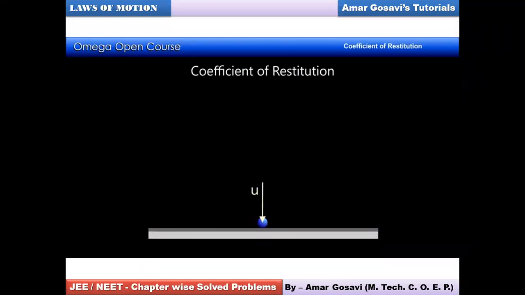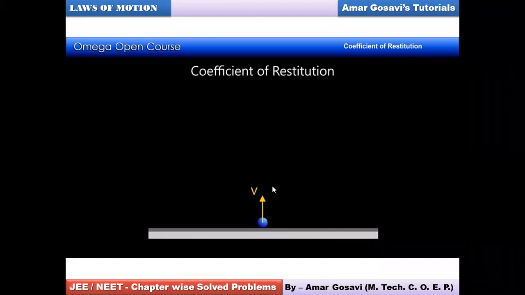Let's talk about coefficient of restitution. Now let's put it in the form of equations. Say a ball is moving vertically down and hitting the floor. The initial velocity was u in this case, and obviously after hitting, the final velocity will be v.